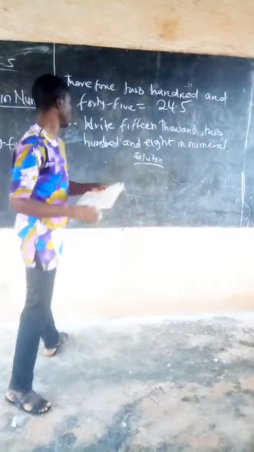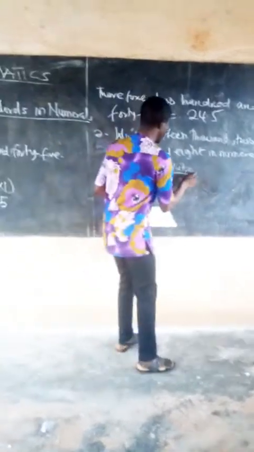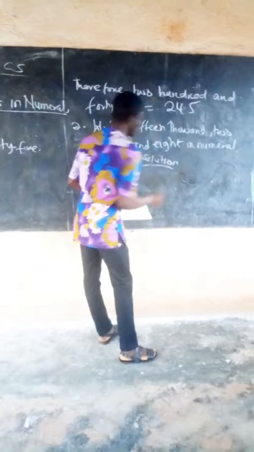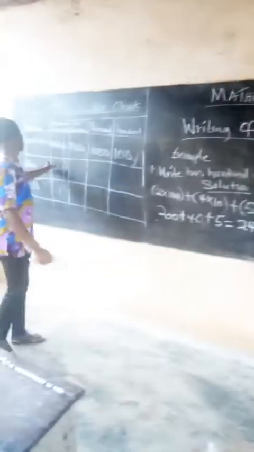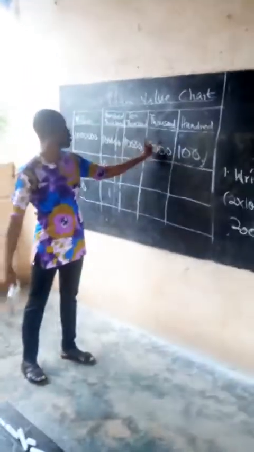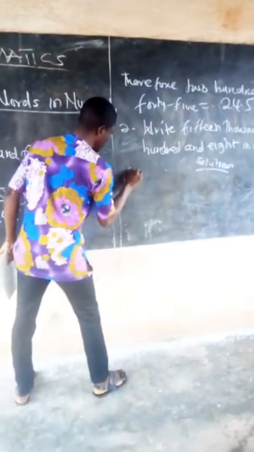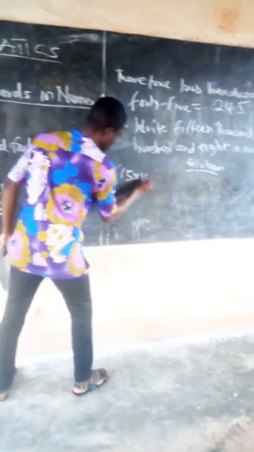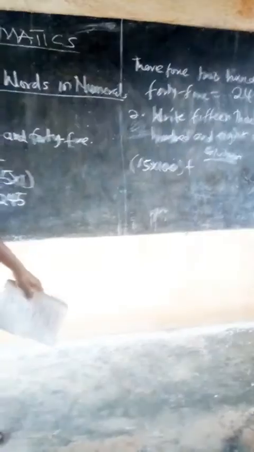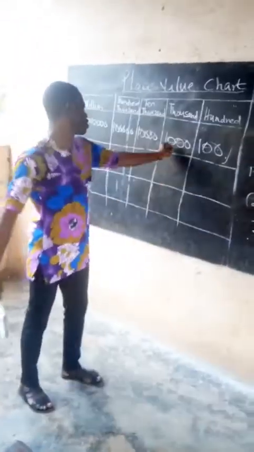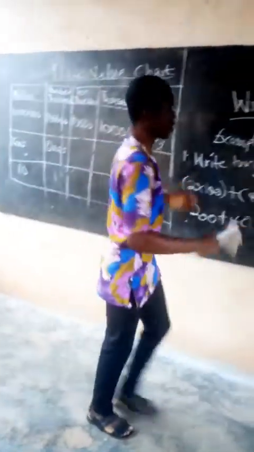Our solution. So 15,000. 15 is in thousands. So 15 times 1,000, plus 200. 2 is in 100. 2 times 100.